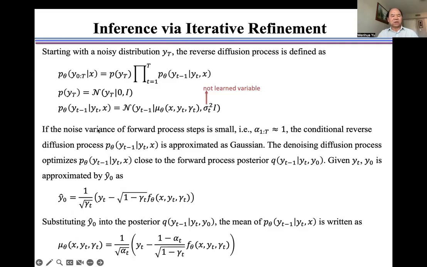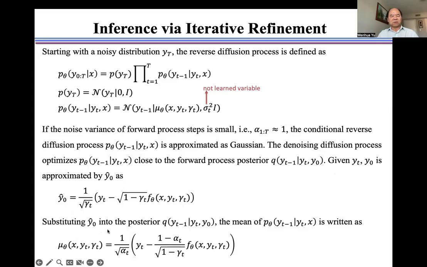If the noise variance of forward process steps is small enough, namely alpha 1 to alpha T close to 1, the conditional reverse diffusion process p theta is approximated as Gaussian. The denoising diffusion process optimizes p theta close to the forward process posterior q. Given yt, y0 is approximated by y0 tilde as here.